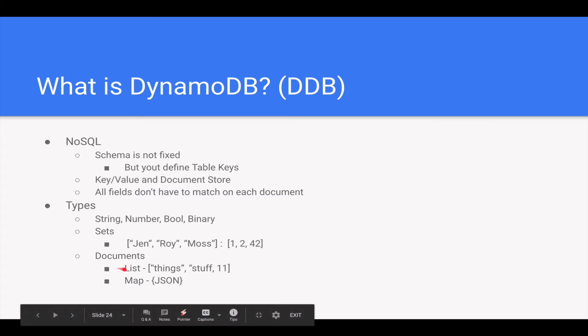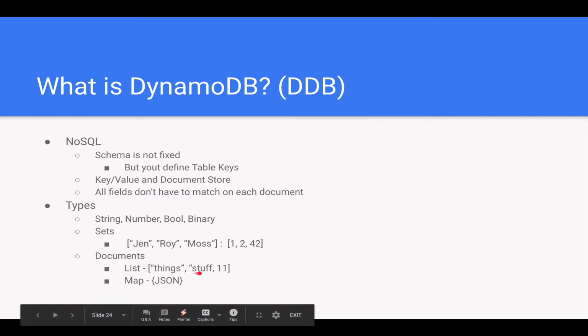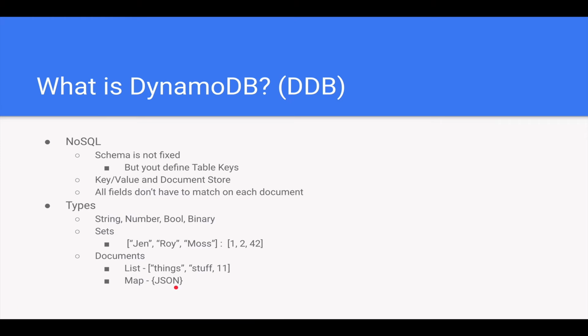Then you can use documents. You can use a list, which is your standard JavaScript array, where you can mix strings, booleans, numbers, doesn't matter. And then you can have a map, and a map is just going to be JSON data. This is a very big reason why Node is very common with using DynamoDB, just because it's very easy to store a JSON object.